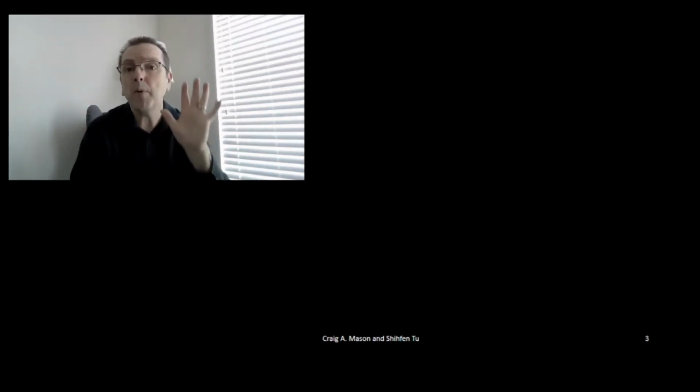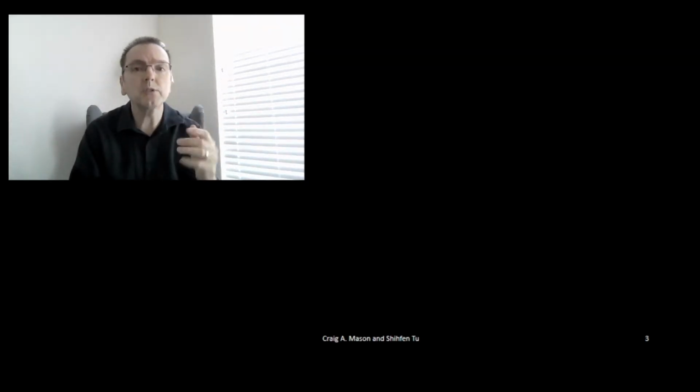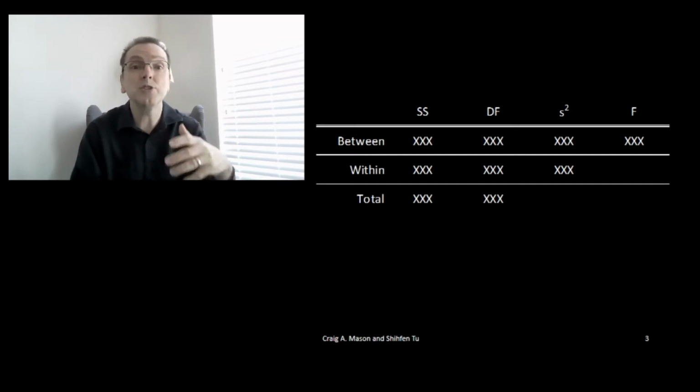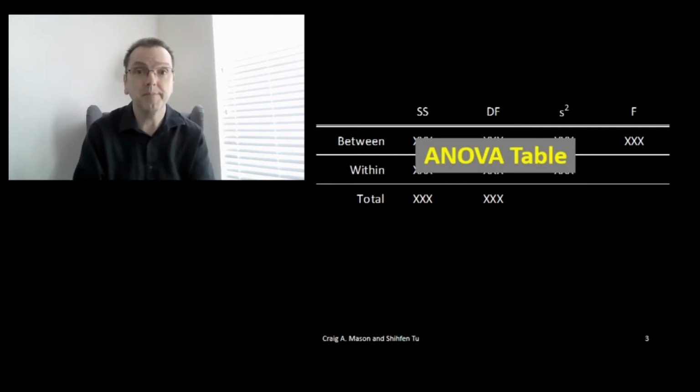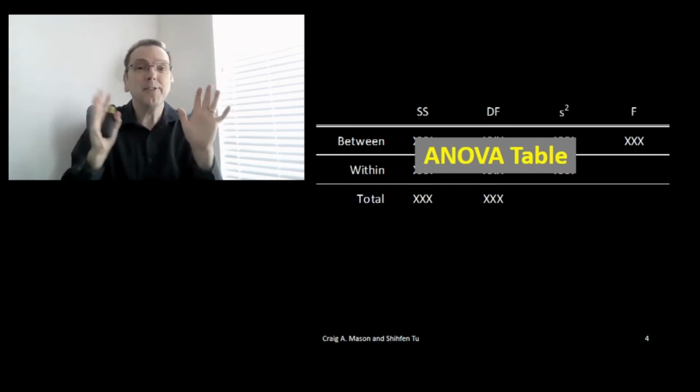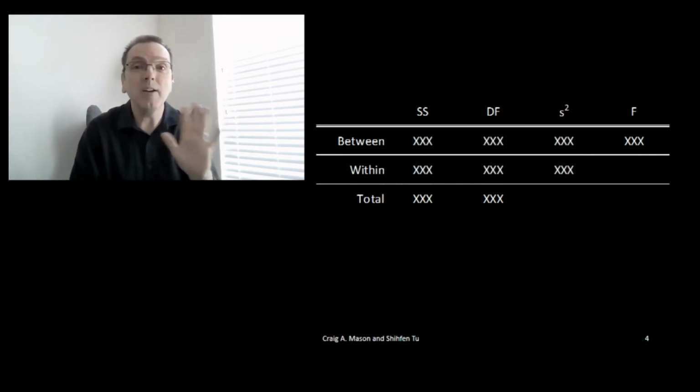Now, to help organize all of those values, ANOVA results are often presented in variations of this type of table, which is often generically referred to as an ANOVA table. Now, we're going to see this a lot. For now, notice that I've X'd out all of the values that we're going to calculate in this video, right?